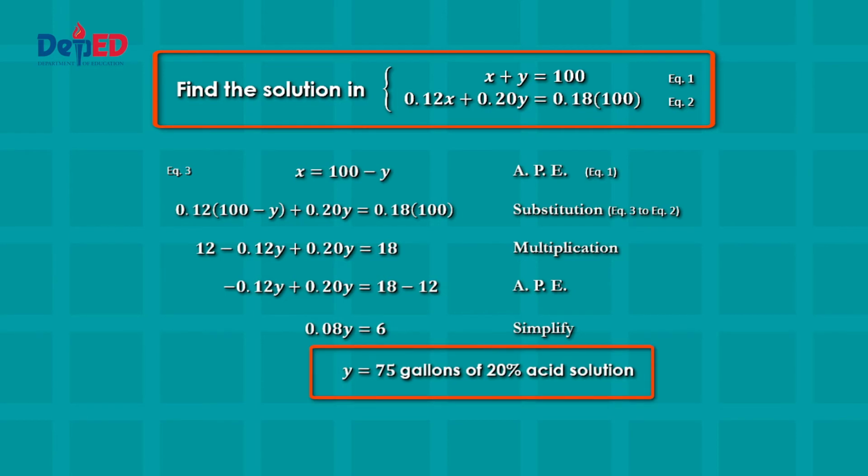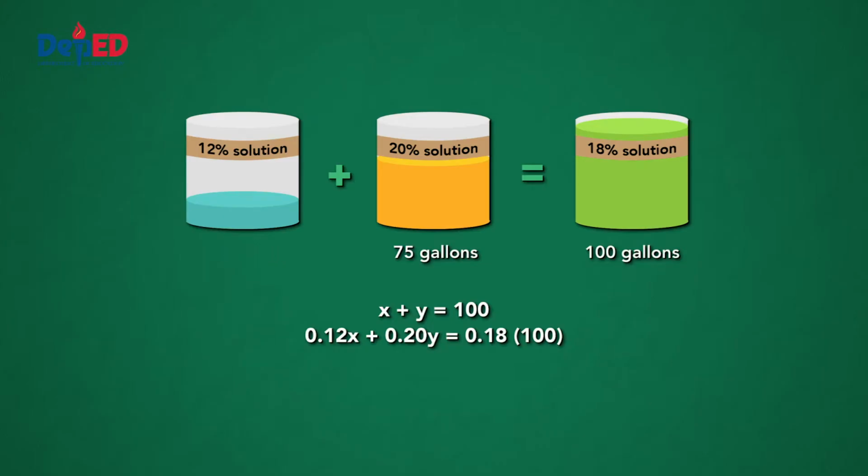The 20% solution must have 75 gallons. How about the 12% acid solution? We just subtract 100 minus 75. What is it? Very good. The other container must have 25 gallons of 12% acid solution.